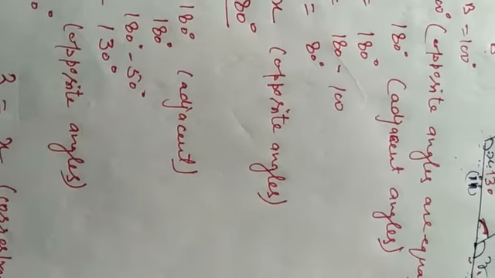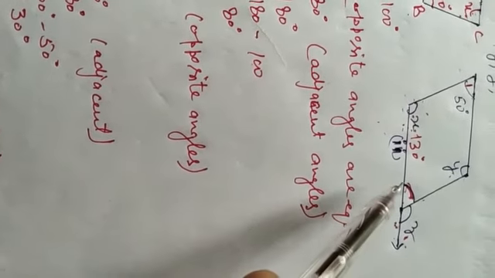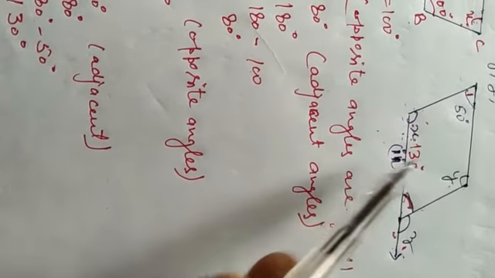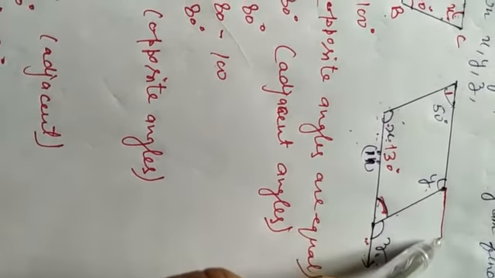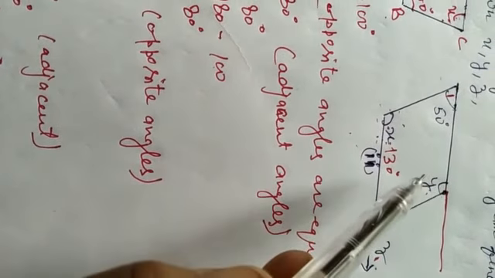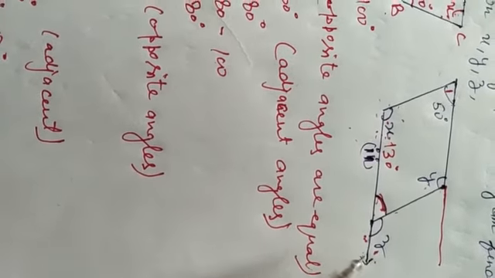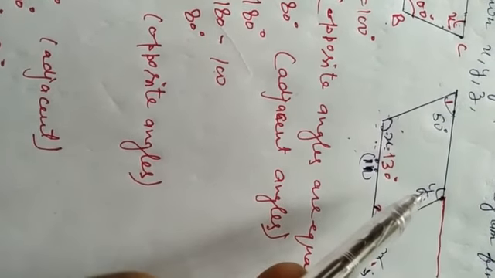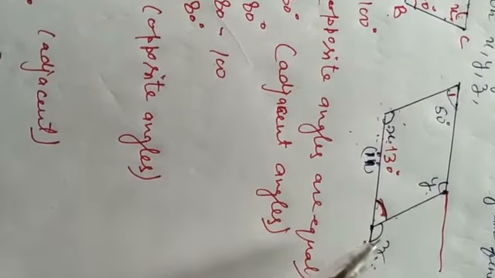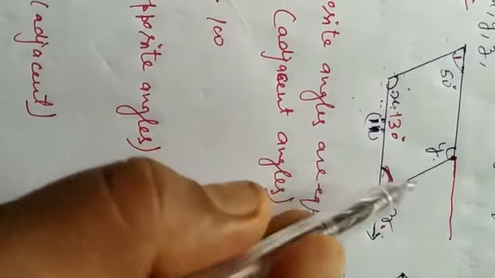Now we have to find the value of this z. As you can see, these two lines are parallel lines, and this is a transversal. This y and z are on the transversal. So when a transversal cuts parallel lines, these angles become alternate interior angles.